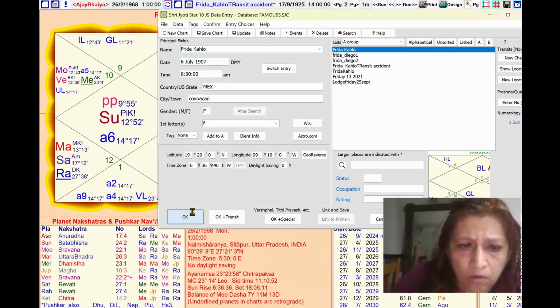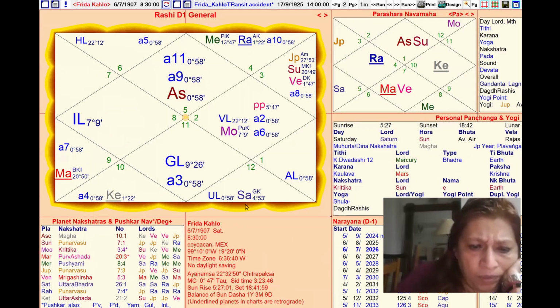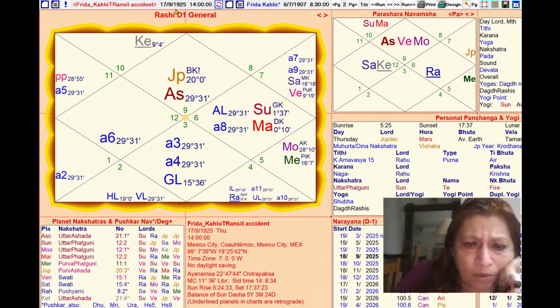The calculation was 5, I think. So her Saturn is in Uttara Bhadrapad, 26. So if we keep the 26 as the main one for the moment, what are we looking for? Count till Swati.